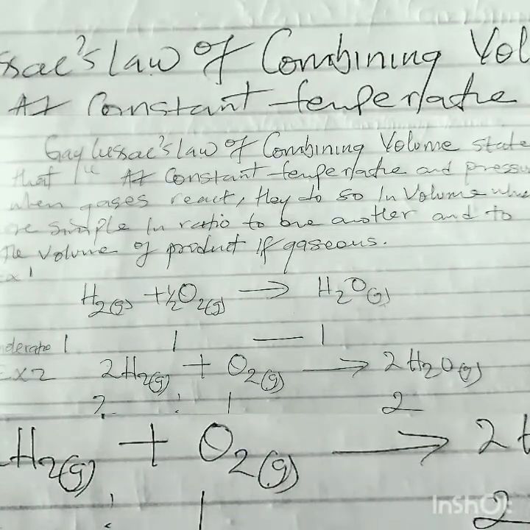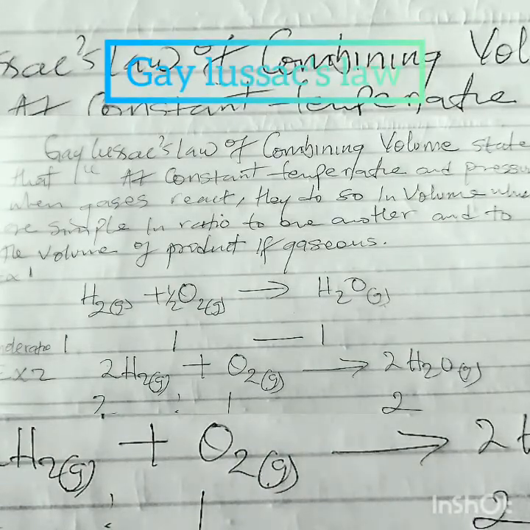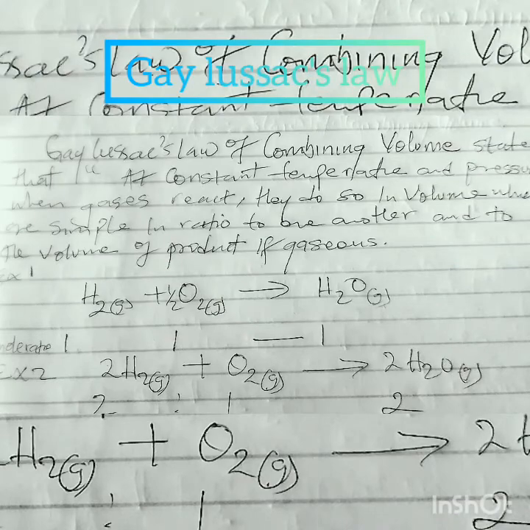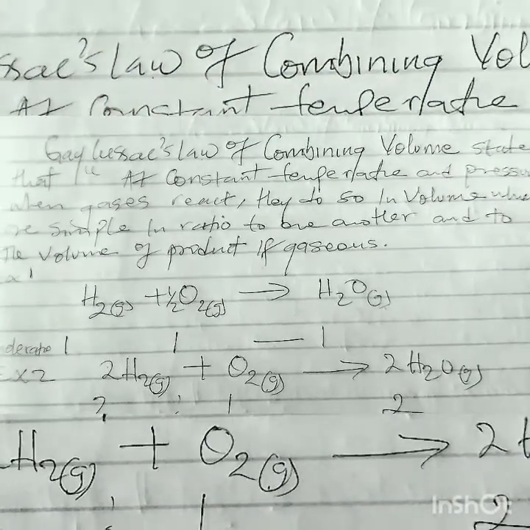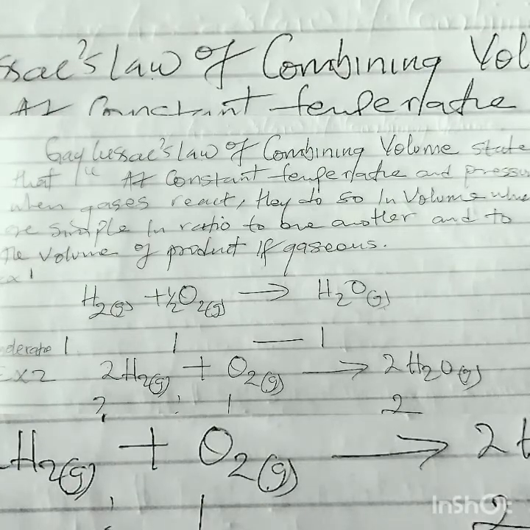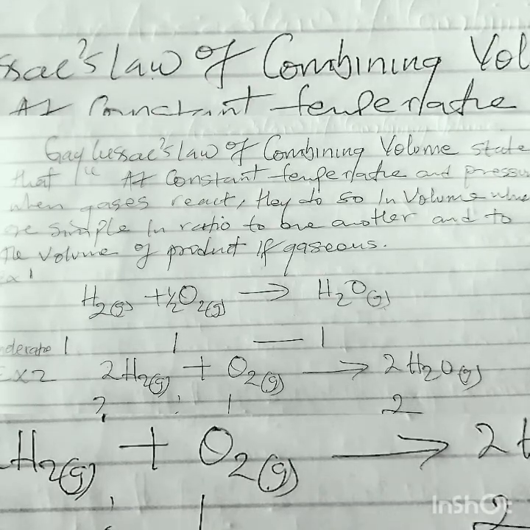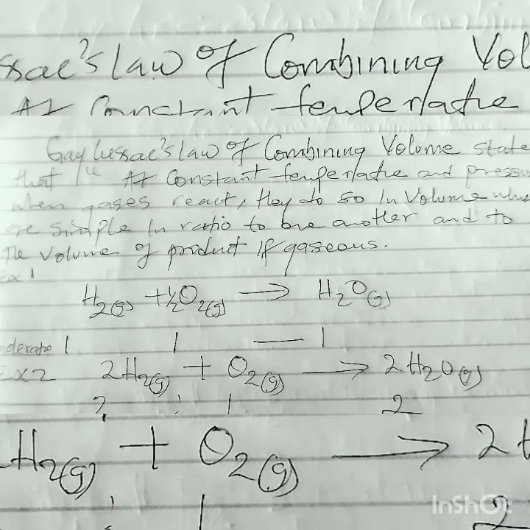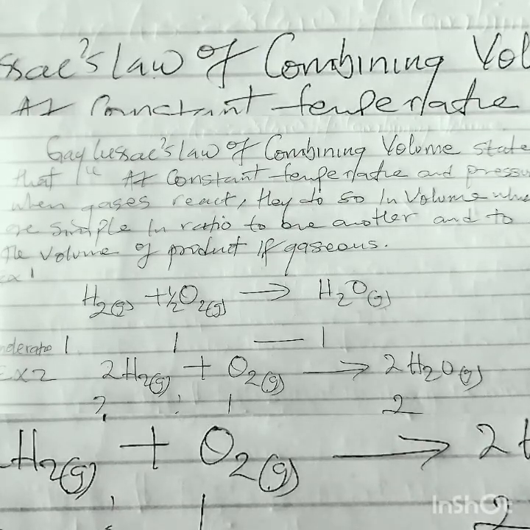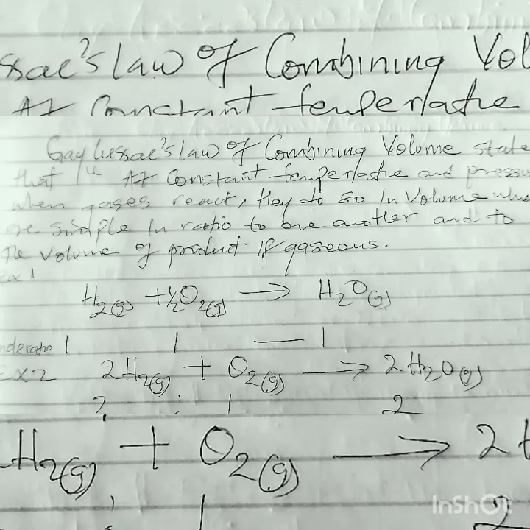We'll be looking at the first subtopic, which is Gay-Lussac's law of combining volumes. Here we are talking about moles, when compounds or elements combine together. According to Dalton's atomic theory, one of his theories states that atoms combine together in a very simple ratio.